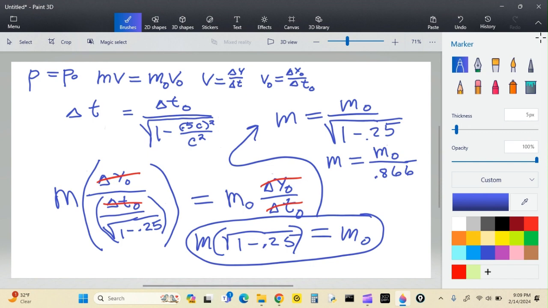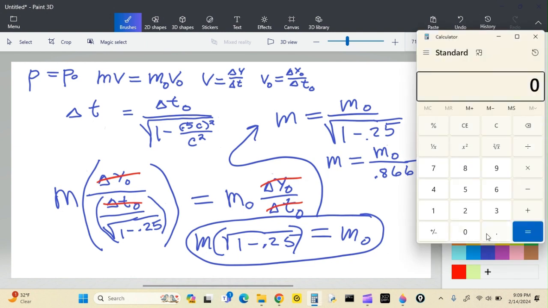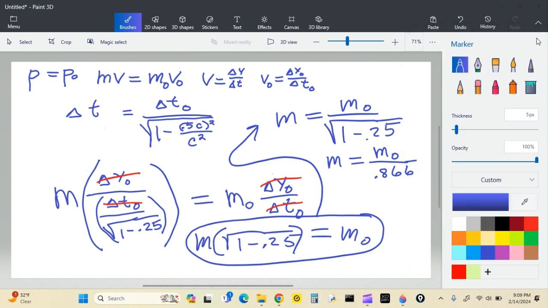Well, another way to look at that is, what is the reciprocal of 0.866? Let's see if I can do that real quickly here. That would be 1.15. Let's just call it that, 3 significant digits.